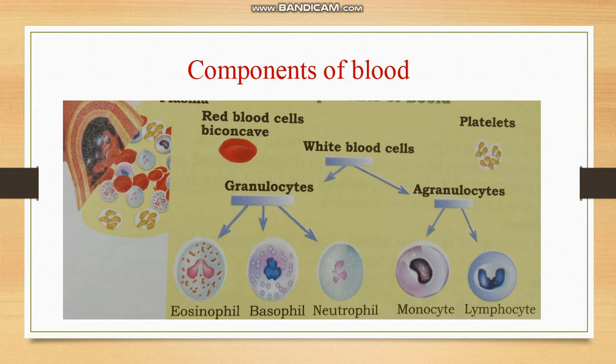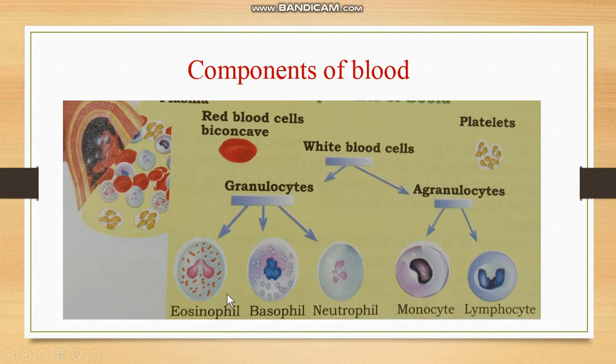Here is the diagram showing the structure of different types of cells present in the blood. Here are the red blood cells which are biconcave in structure. These are the platelets, and WBCs or white blood cells are of two types, that is granulocytes and agranulocytes.